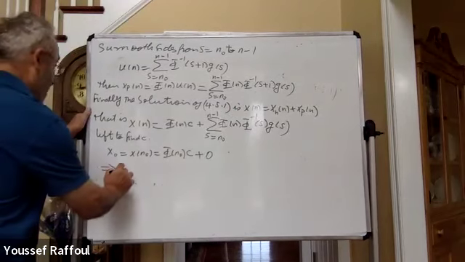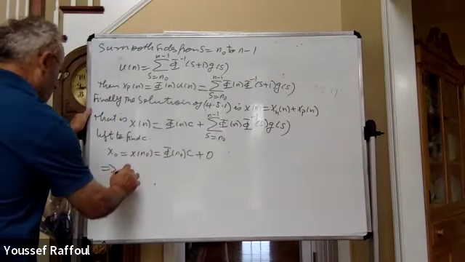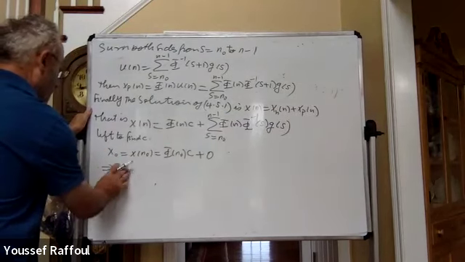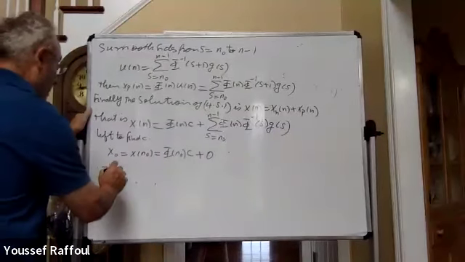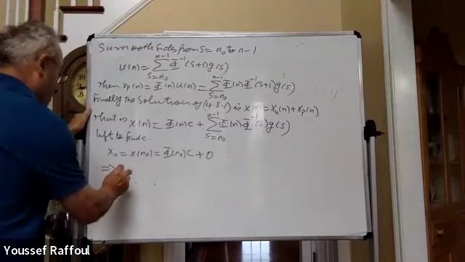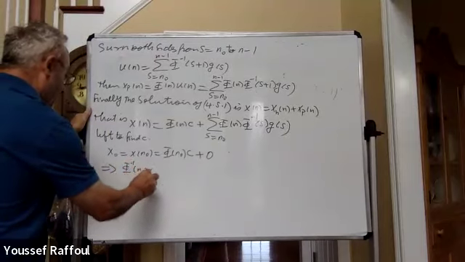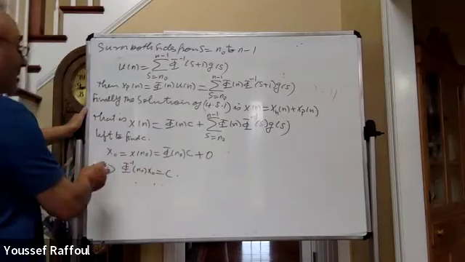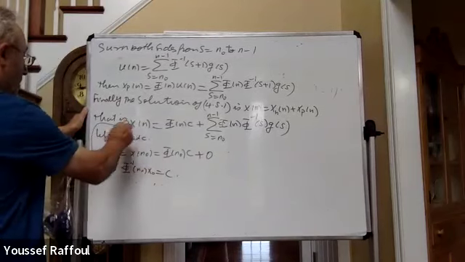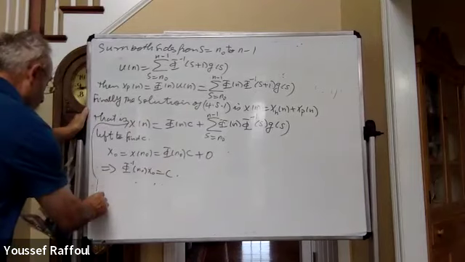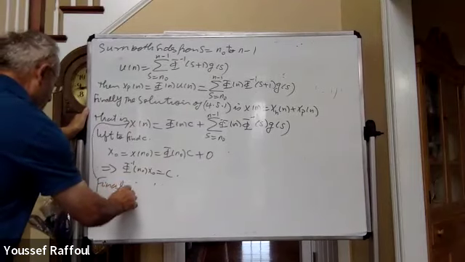And this implies, multiplying on the left, that Φ^{-1}(n0) x0 equals c. So now, put it in here.